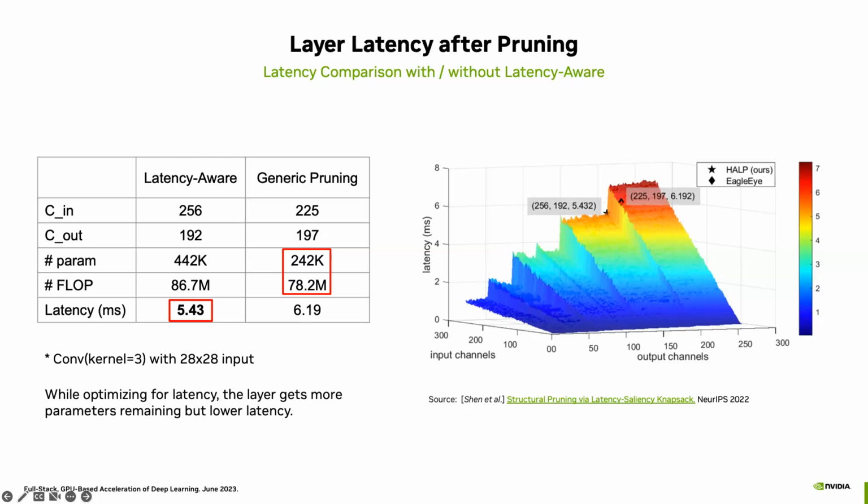Okay, great, thank you. One last question: how do you compute the latency on CPU, GPU, or on edge devices like an iPhone? Basically, this is a question of how we get the latency lookup table. For each layer from the network, we get all the possible combinations of input and output channels with some specific granularity.